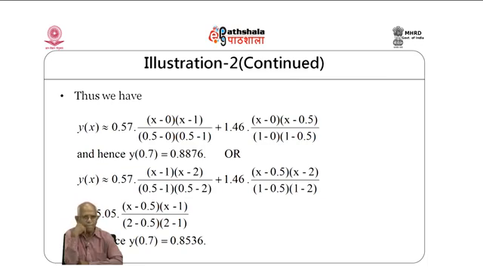0.8876 by this formula. And in the second case we are getting y(x) equal to 0.57 into x minus 1 into x minus 2 upon 0.5 minus 1 into 0.5 minus 2, plus 1.46 into x minus 0.5 into x minus 2 over 1 minus 0.5 into 1 minus 2, and then the last term will be 5.05 into x minus 0.5 into x minus 1, and the denominator will be 2 minus 0.5 into 2 minus 1.